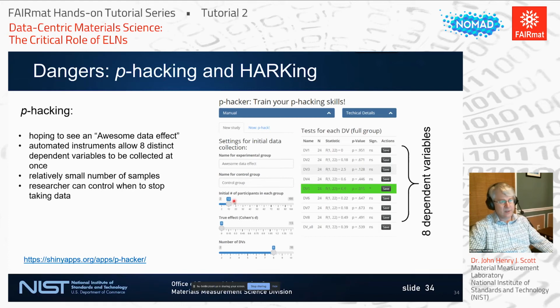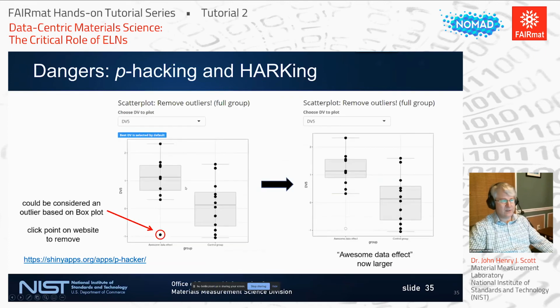I've chosen 12 participants or samples in each group. I've set it so that there is no true effect. This is truly random data. And I've asked for 8 different dependent variables, 8 different kinds of observation coming out. And it generates data, and it shows already in green that one of these dependent variables is already statistically significant at the less than 0.05 level. But the website then allows you to do box plots of the data.